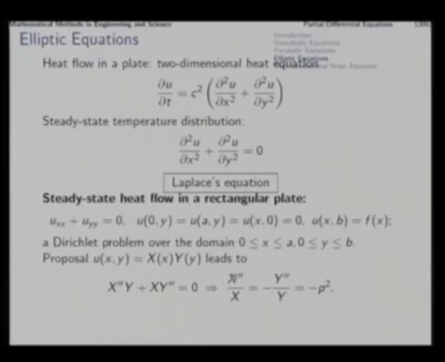Therefore, we want the x solution to be periodic, and so we take a negative constant here. The corresponding y solution will be exponential. So, we separate the two ODEs, and get this and this. Now, the solution of this will have sine and cosine terms, it will be periodic. The solution of this will be exponential.